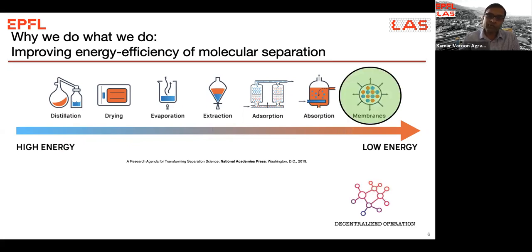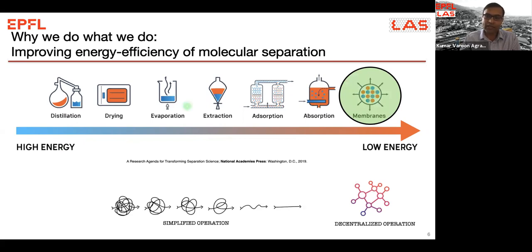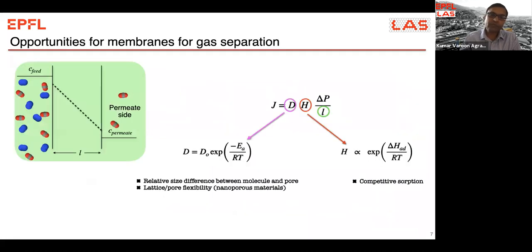One of the things that our group focuses on a lot is decentralized operations. So we are looking at membranes that can break down the processes into a more modular approach. The operation is very simple in that case, and the advantage again is that there is no waste produced during membrane operation.